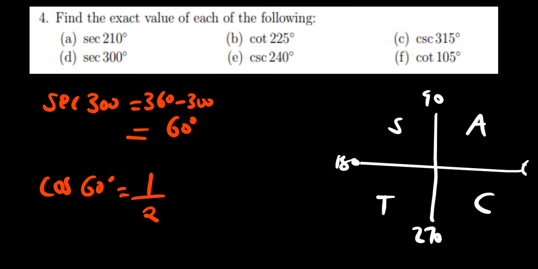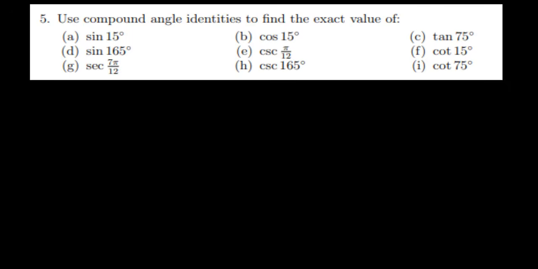So therefore our answer, sec 60 degrees, will just be equal to 2. Now this is in this quadrant. Cos is positive in that quadrant, so this is also going to be a positive 2. Okay, so that's how we solve such kind of questions.